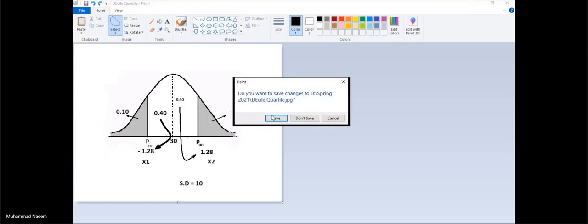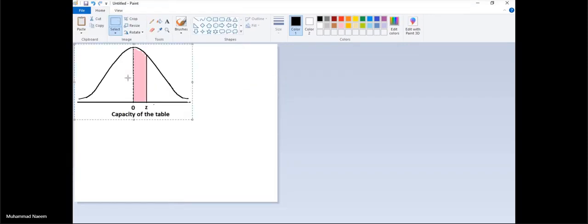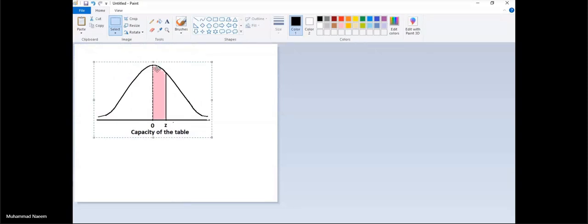Okay, we have this diagram. Let's say here we have this situation.